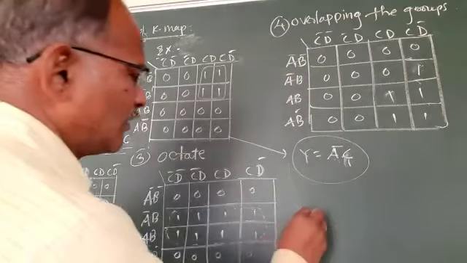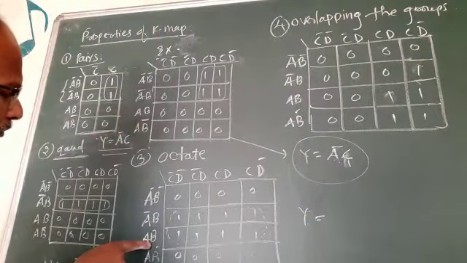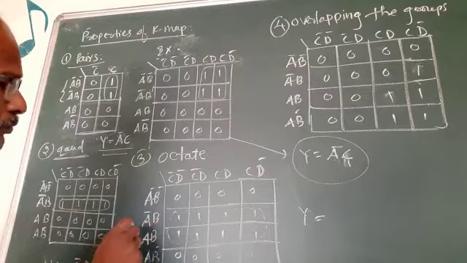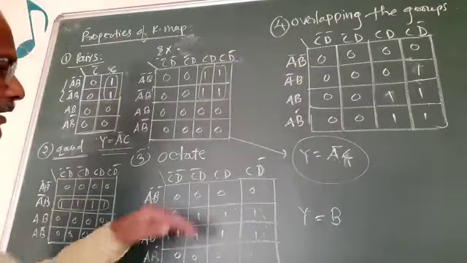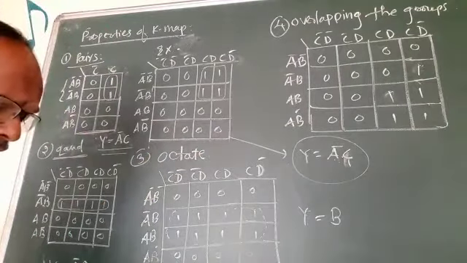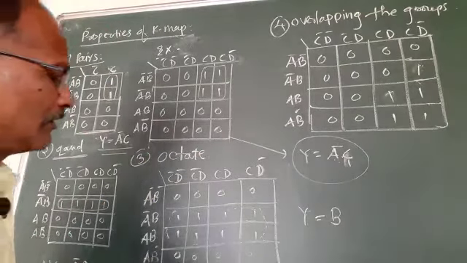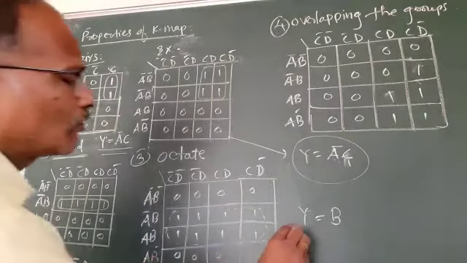So y is equal to, here b is the common. So I will write b here, and there are no ones here and here, so I will consider only the common b.